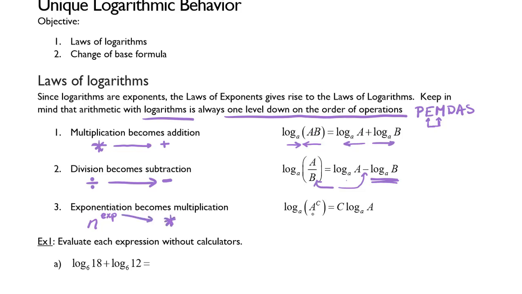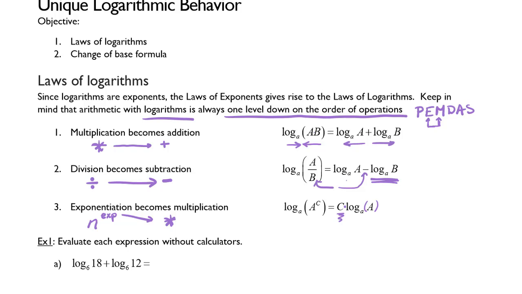So you can see that with this exponent c on log base a of capital A raised to the c, you can bring that down front and you'll have c times the logarithm base a of capital A.